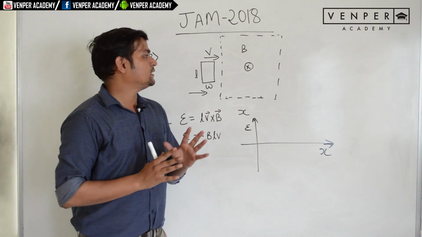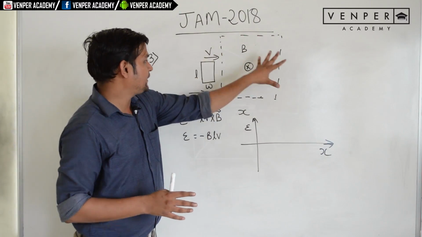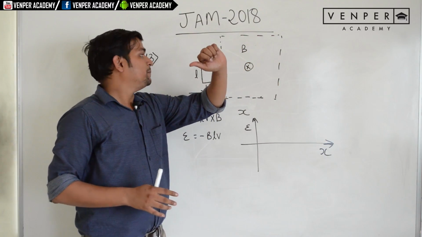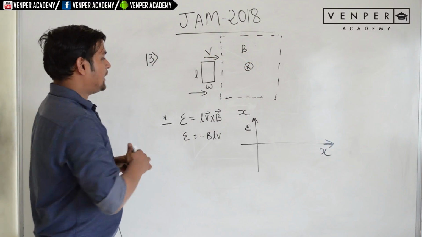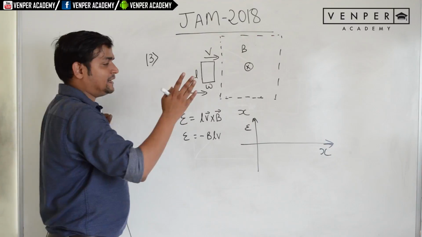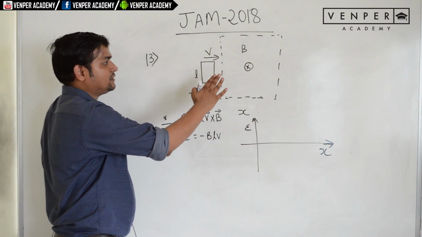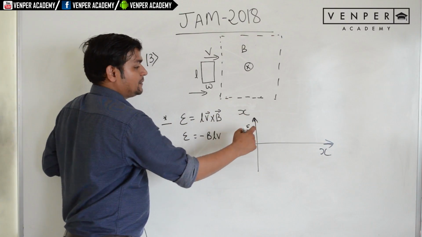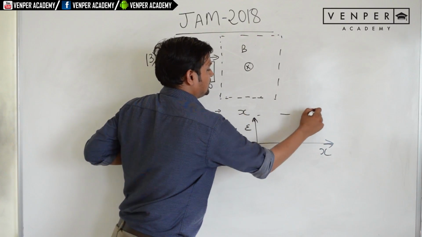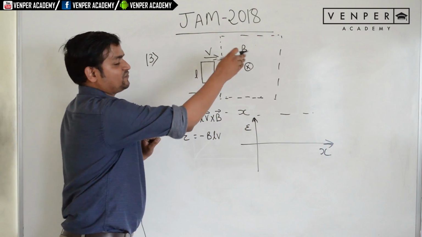Okay, see, in this question there is a magnetic field B in the region given, directed inward to the plane. Clear? There is a rectangular coil going towards that magnetic field region, and you have to draw the graph of EMF with X, that is, what is its EMF when the coil is at different positions?